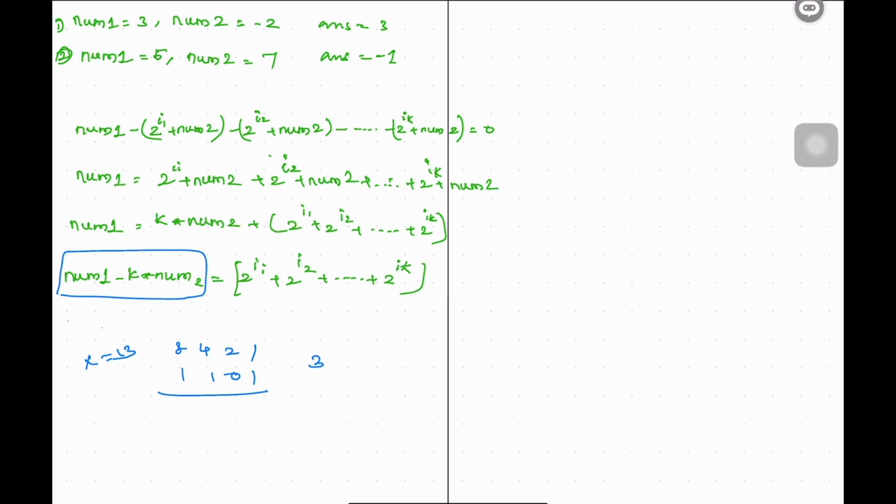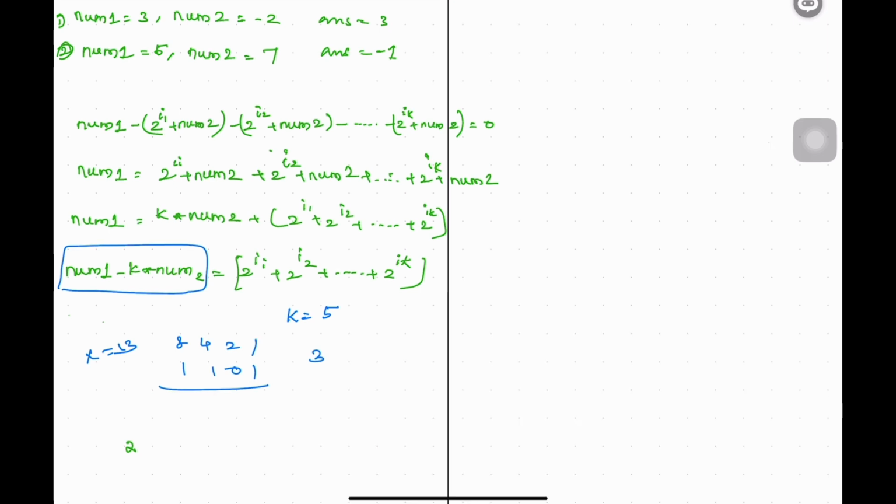Now let's assume our k is 5. What are all the forms in which you can write this? Now our k is 5, so you have to write it in the form of 2 to the power of something. Now we will be writing 2 to the power of 2, so I would have taken i equals 2 here.